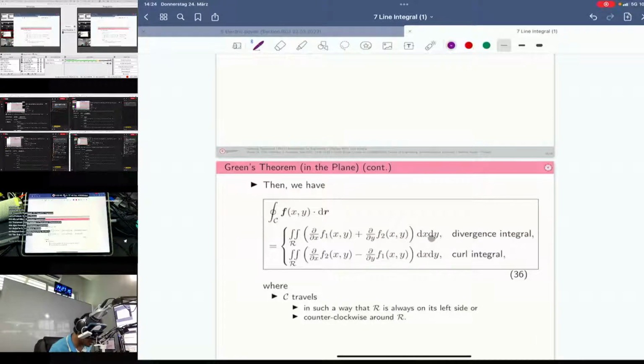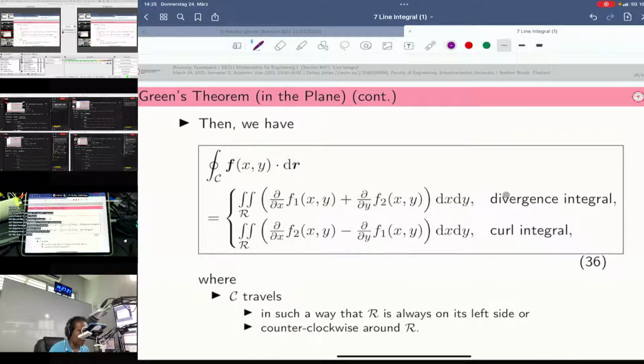This is developed by Green, and there are two forms. The first form is the divergence integral. So you have f1 at the front, and the derivative is with respect to x, plus f2 with respect to y, and that's the divergence integral.